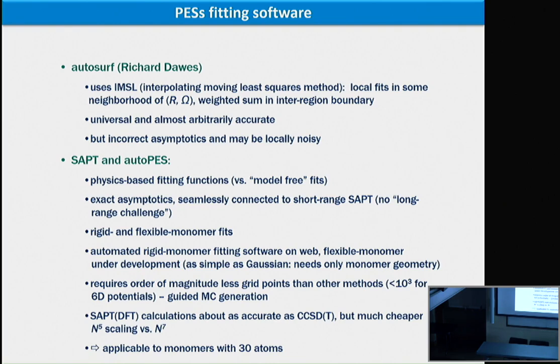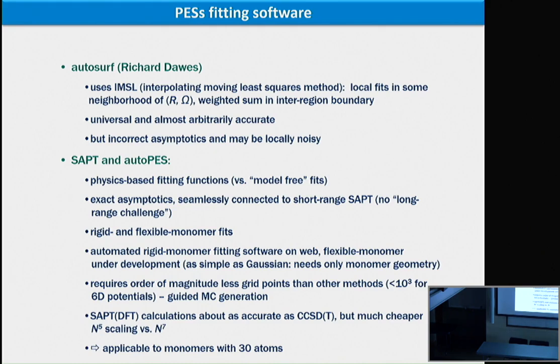We have, I think, a nice method of guided Monte Carlo generation of grid points, which allows us to produce those potentials with fewer grid points than other methods. So we use fewer than 1,000 points for 6-dimensional potentials, which is not much.